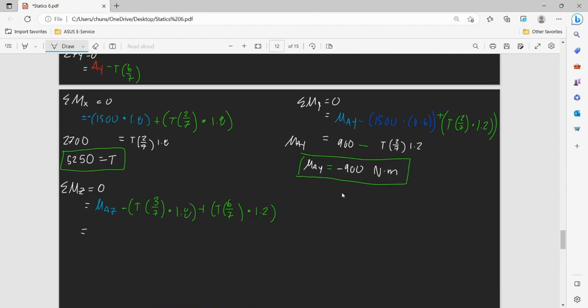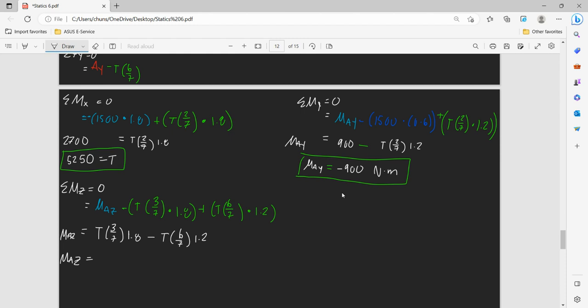All right, and our MAZ is equal to, so let's be careful with the signs this time. Let's change the sign for this one. Change the sign for that one. And when we plug in our value, this gives 5,250 times 3 over 7 times 1.8.